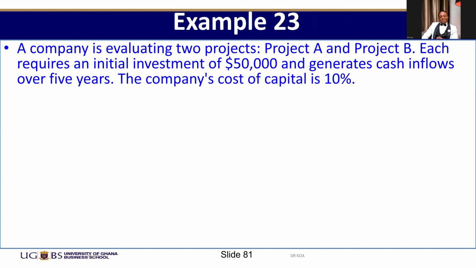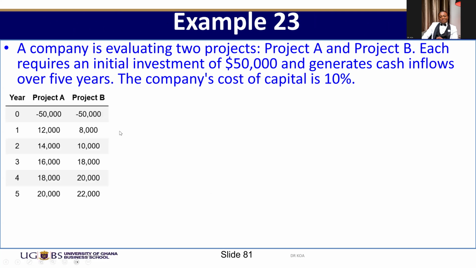to see how practical this is. So you have this question with you. A company wants to evaluate two projects, Project A and Project B. Each project requires an initial investment of $50,000, and generates cash flows over 5 years. The company's cost of capital, which is the interest rate, is 10%. Question.